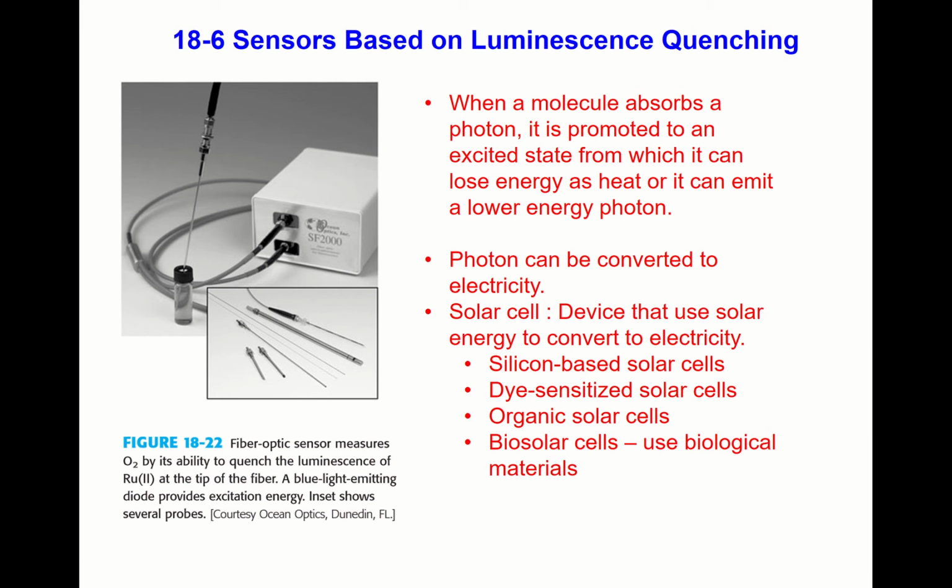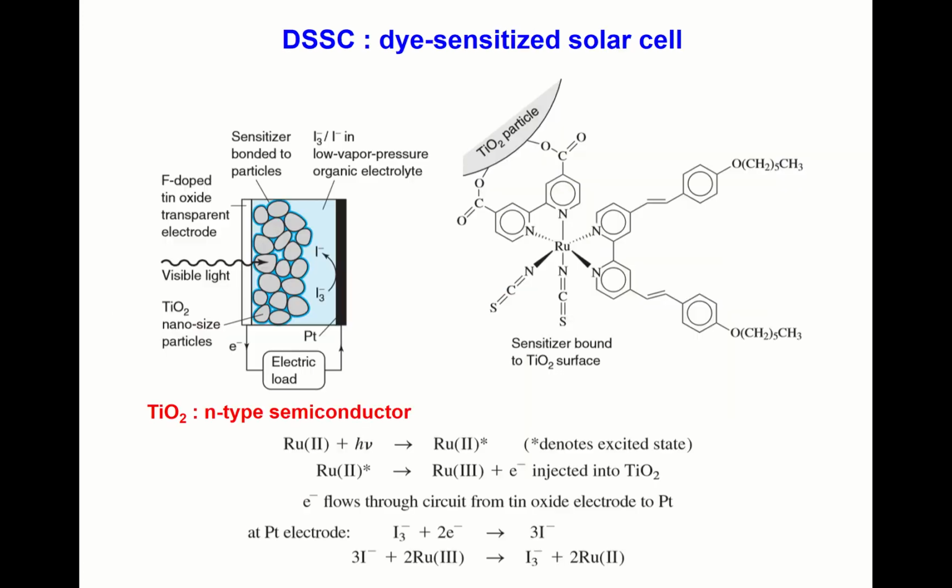Since your textbook introduces the dye sensitized solar cell, maybe it is worthwhile to explain a little bit about that. Although your textbook, in Box 18-1, does not explicitly state that it is called a dye sensitized solar cell.